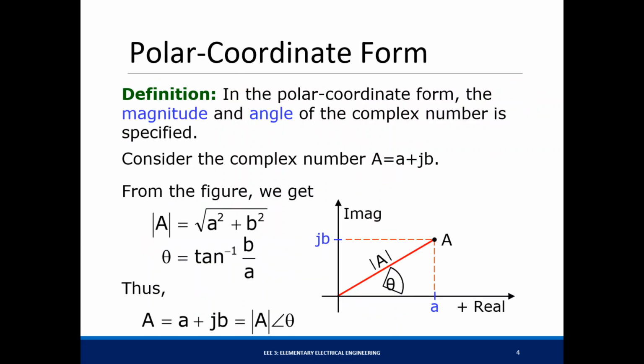We move on to what we call the polar coordinate form. In the polar coordinate form, instead of defining the real and imaginary part of a complex number, we are gonna define the complex number using the magnitude, okay, and the angle of the complex number. By magnitude, meaning the length or distance between the complex number to the origin 0, 0.